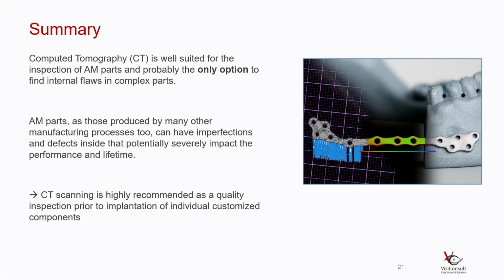If you have an artificial hip and this is manufactured in a few thousand per year, you can optimize the part. If you have to build only one, you cannot do the optimization every time. So then it's, in our opinion, necessary to check or test the parts. And it is highly recommended to do the CT scan of additive manufactured parts. Thank you for your attention.